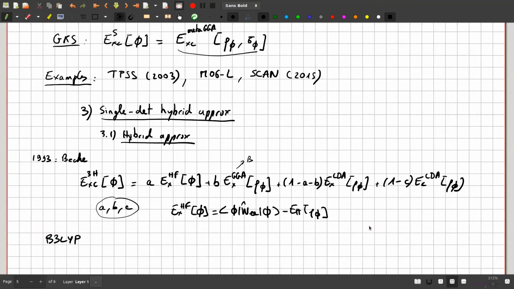excuse me, I think I've forgotten one term here. I forgot c times the GGA part of the correlation expression. Let me check.